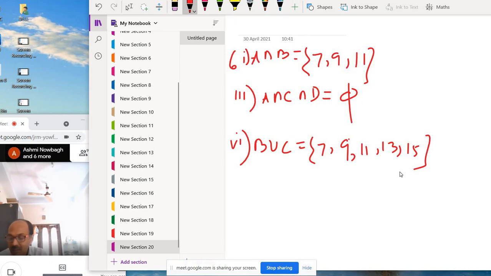And then you have to find its intersection with A. So A intersection B union C. With this B union C and the A set, is there any common point?